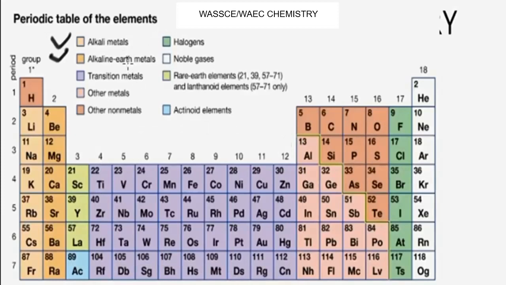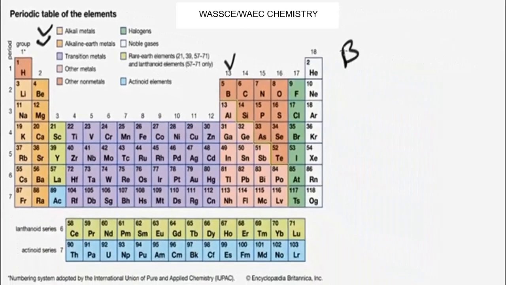Other thing is that elements in group 13, or group 3, are referred to as elements in the boron family.